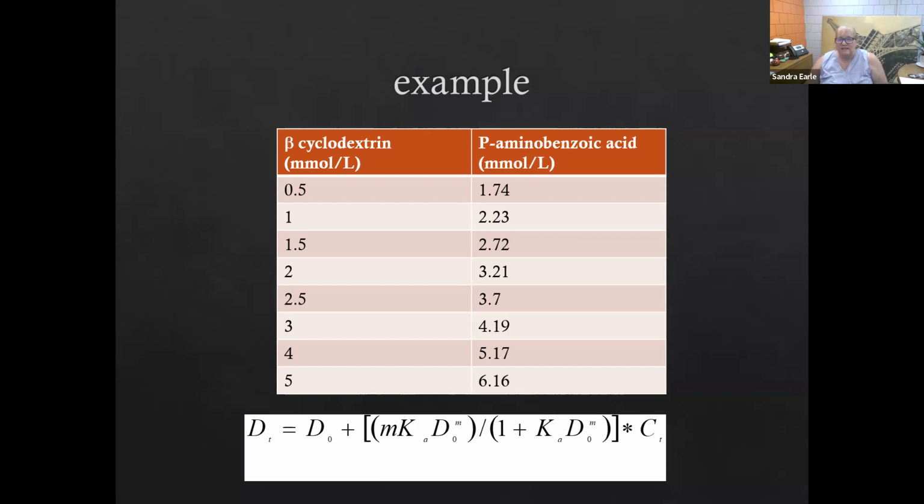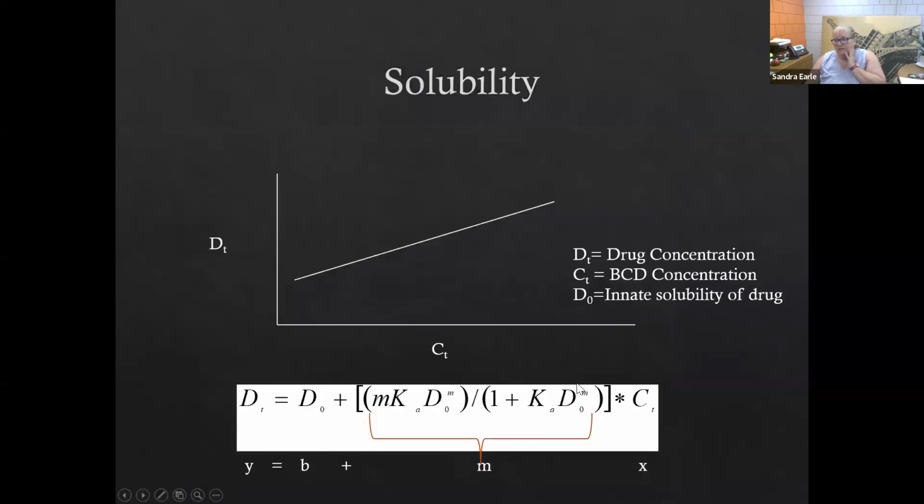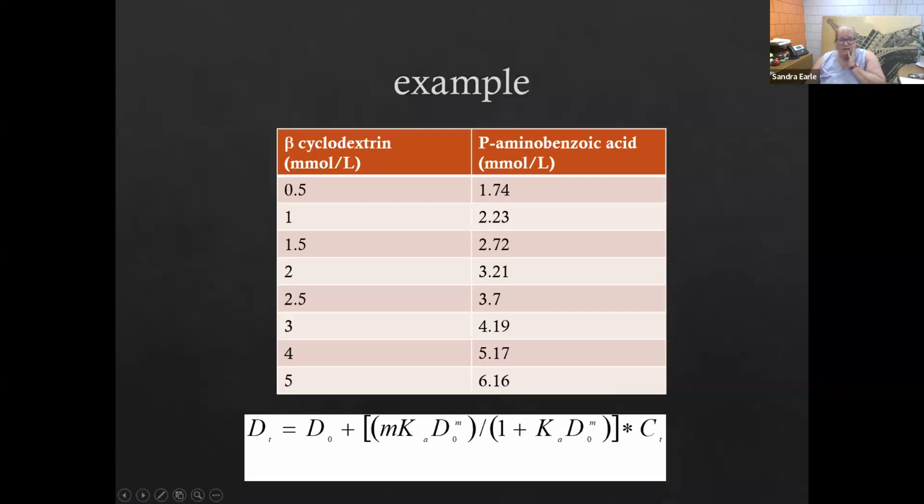If we have this data, this is all X data, right? So this is going back to our line here. This beta-cyclodextrin concentration is our X data, and the resulting paraaminobenzoic acid concentrations are our Y data. So we have all these XY data that we can plot.